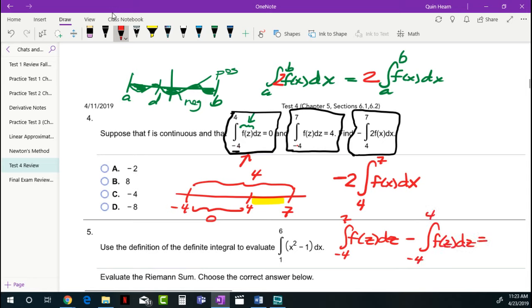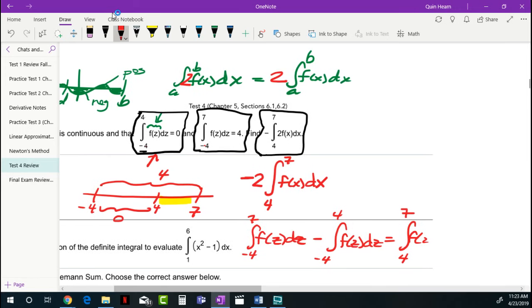So we know this by subtraction. In other words, we can take the integral from -4 to 7 of f of z dz. I don't know why this is z's and this is x's. I guess they're just trying to emphasize that it doesn't matter what that independent variable is.